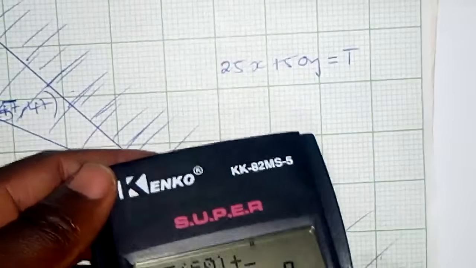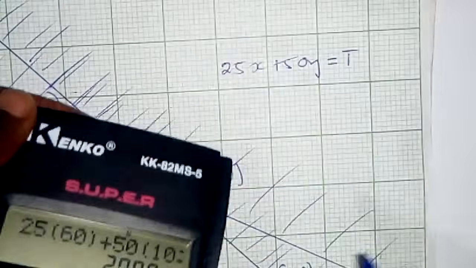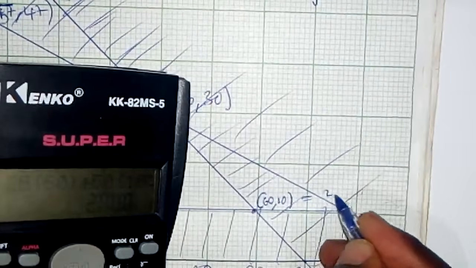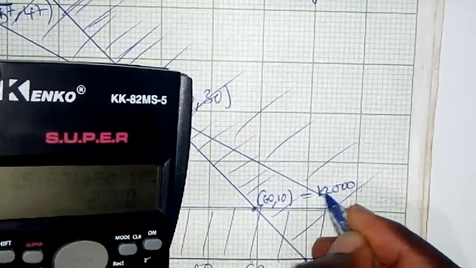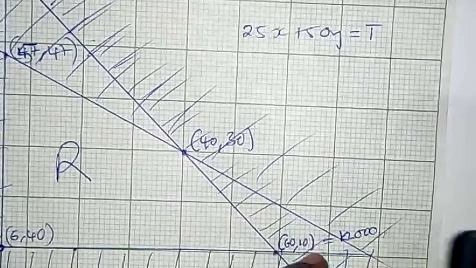plus 50, 10, which is y, and it's giving us 2000. So for this one we have 2000. That's the value for this one.